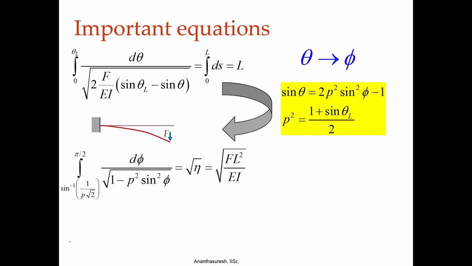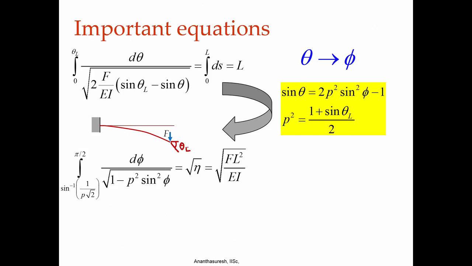So, let us recall some of the important equations that we had begun with in the last lecture, and these are indicated here. If you look at the first one, it indicates theta L and theta. Theta L is the slope here, where we have arc length.